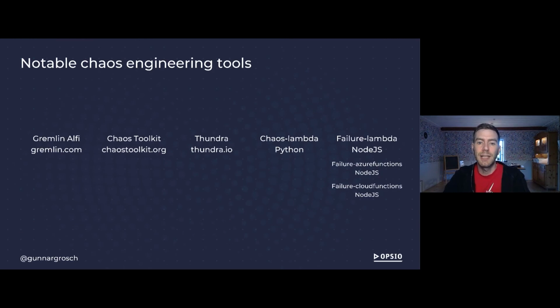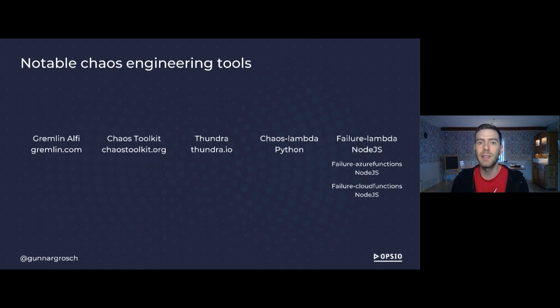There are some tools that can help you to do chaos experiments for serverless. Our host tonight, Gremlin, has their application layer fault injection. Still a bit limited, but I do believe there is more support coming. We have the open source Chaos Toolkit, which has support for different serverless services.